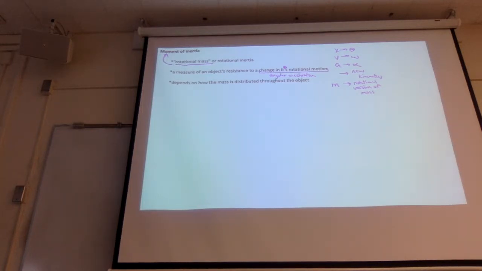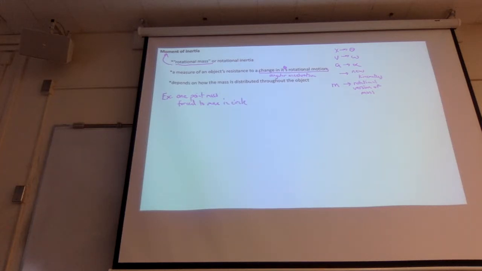So let's talk about a couple of different things. First of all, I'm looking for props. No, nothing I like, so I'm just going to go with this. Let's start with the most simple case we can. One point mass, forced to move in a circle.